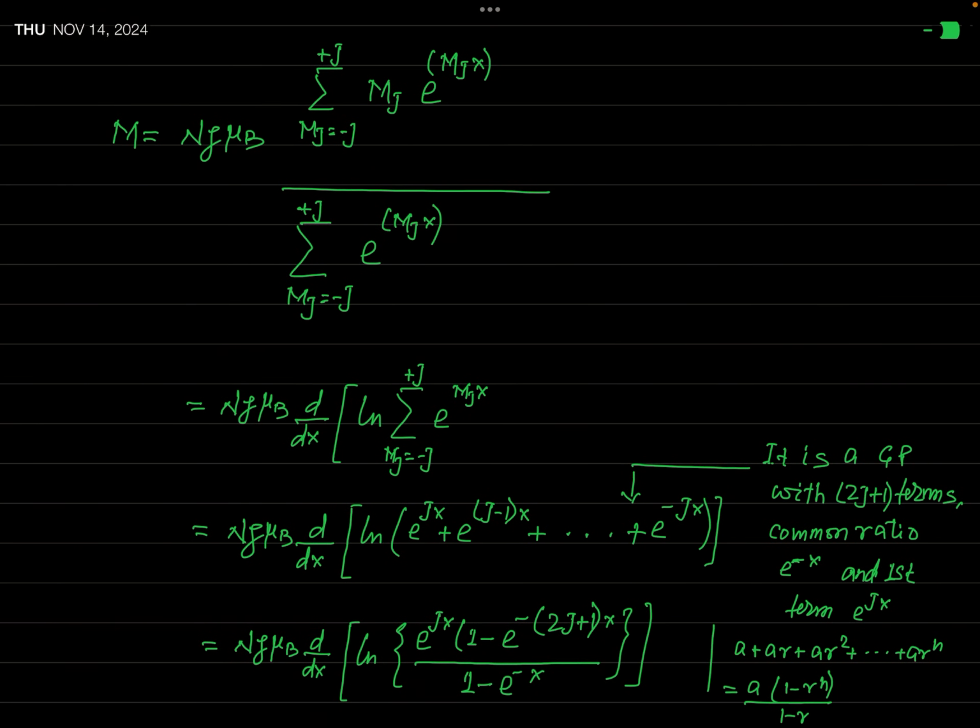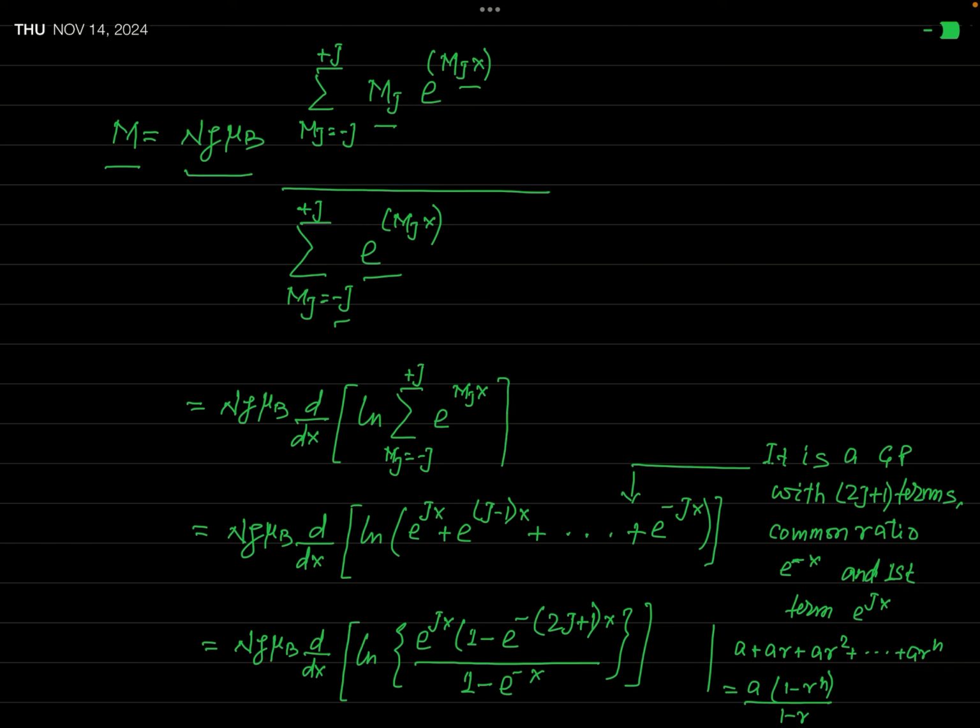Okay. So let us see. In accordance with that result which we have learnt in previous lecture, m is given as n times g mu b times summation mj running from minus j to plus j, mj times e to the power mjx, and divided by summation mj running from minus j to plus j and e to the power mjx. Okay, e to the power mjx.